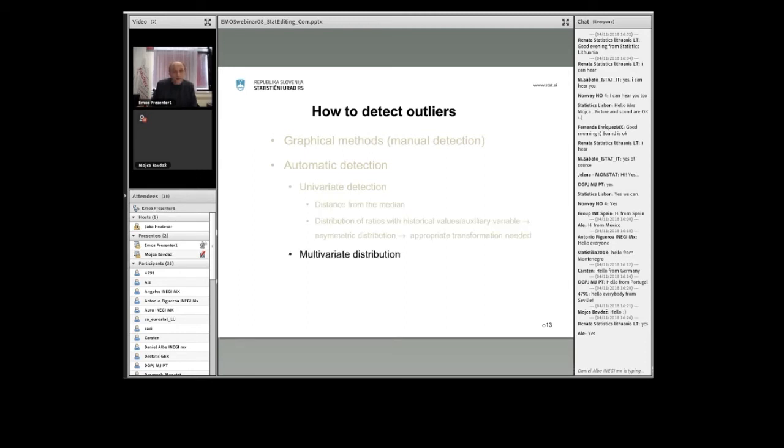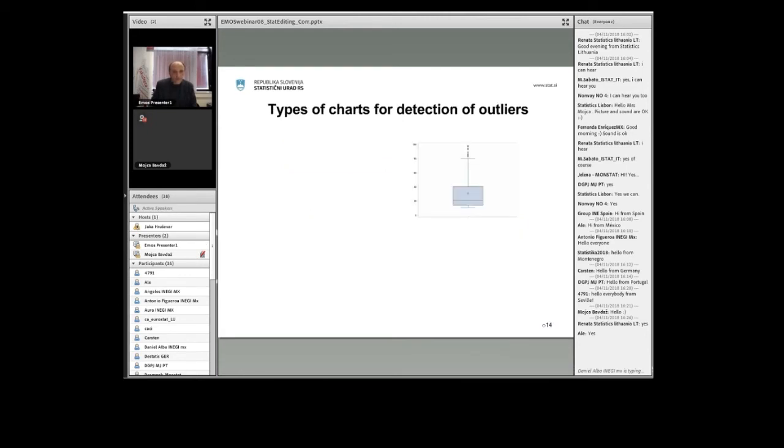In the univariate detection, I said I will not write the formula, so I didn't. I just mention that most of these formulas are based on the distance from the median. Multivariate detection is a very similar story. There are several methods, but most of them are based on multivariate distance, like Mahalanobis distance, from, let's say, the central point of your data.